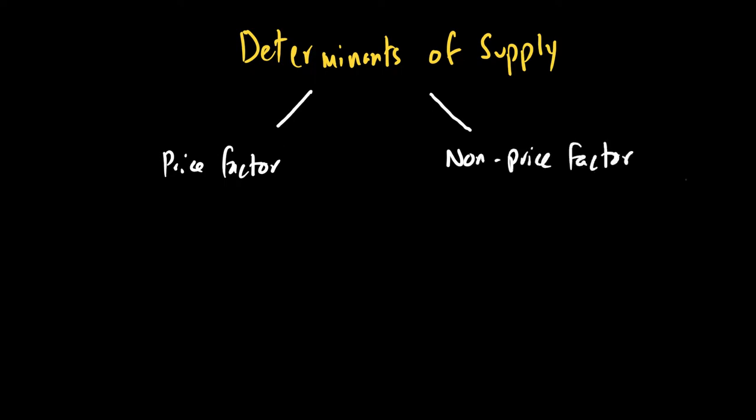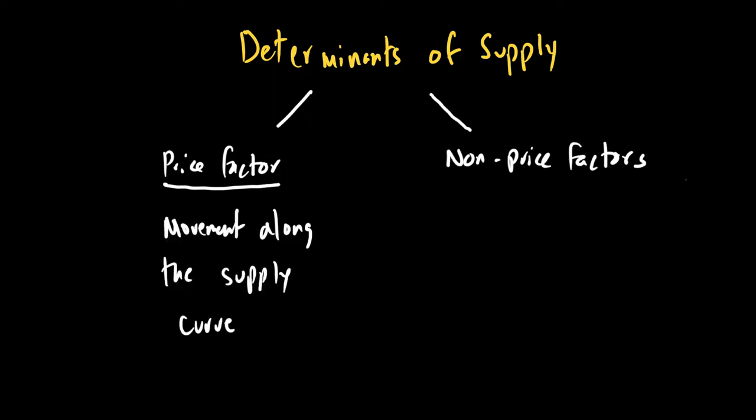Just like demand theory, the price factor will result in a movement along the supply curve. So something like this, any change in price will result in a movement along the supply curve, while the non-price factors will result in what we call a shift of the supply curve.